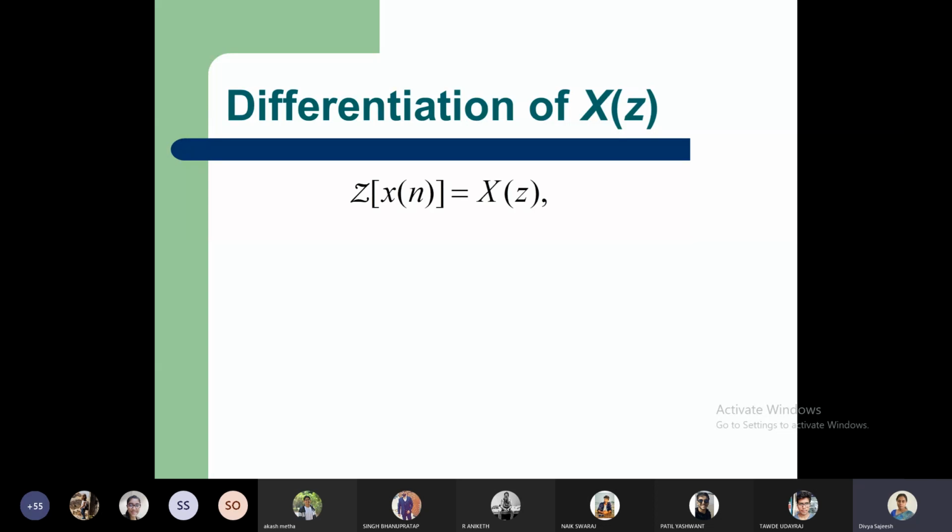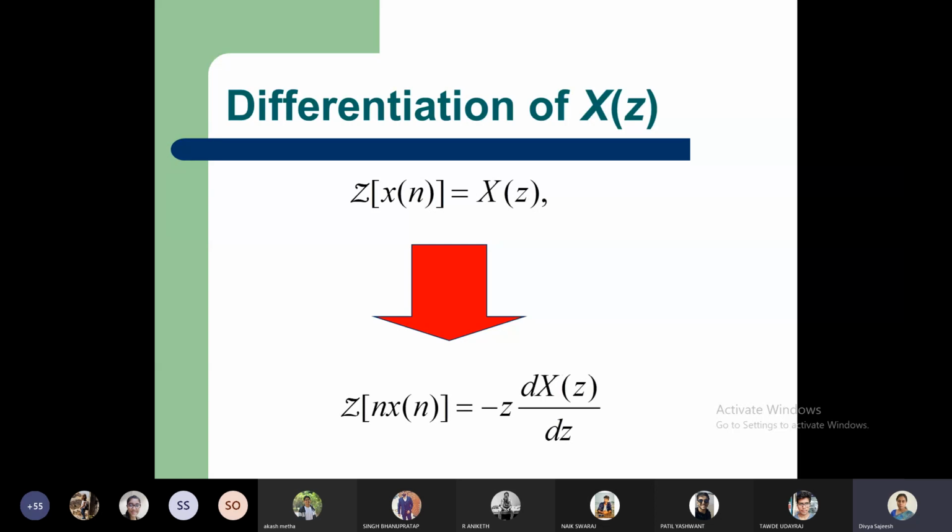Now the next one is differentiation of X of z. That is, if the signal is multiplied by n, and you find the Z transform of such a signal, that will be equal to the differentiation of the signal in the Z transform. That is, multiplication by n is equal to differentiation in the Z transform. So n into x of n, Z transform is minus z into dX of z by dz.